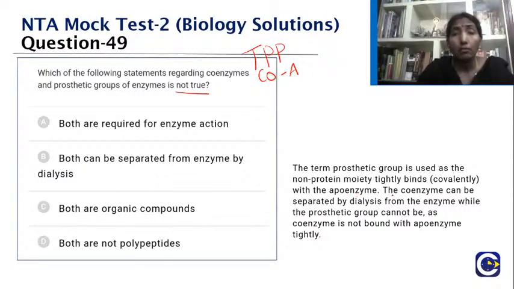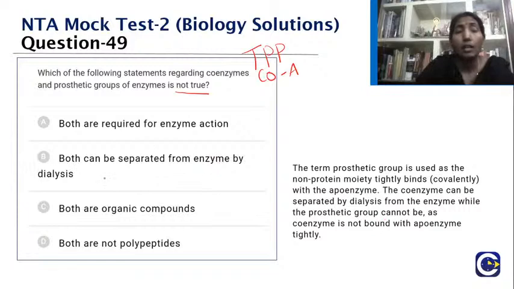The coenzyme can be separated by dialysis from the enzyme, while the prosthetic group cannot, because the coenzyme is not bound with the apoenzyme so tightly. That is the reason. So the non-protein moiety of the prosthetic group cannot actually be separated.